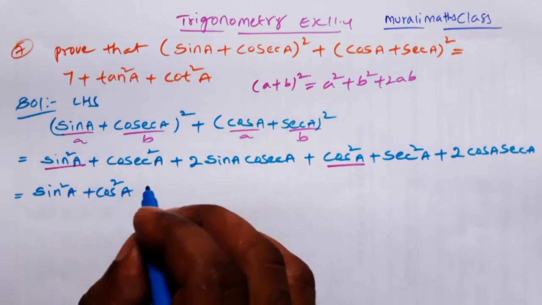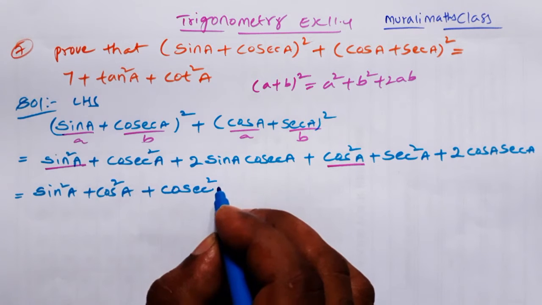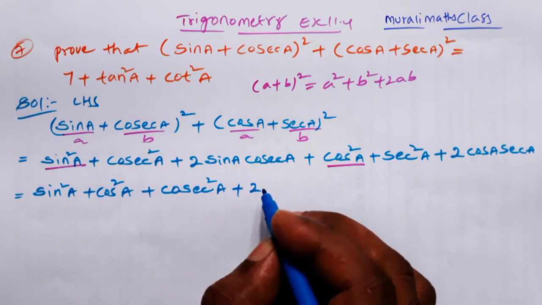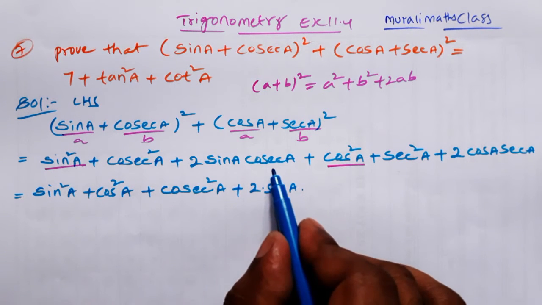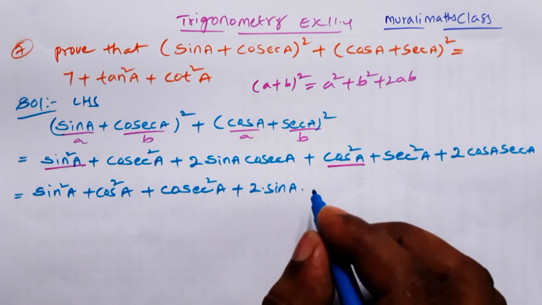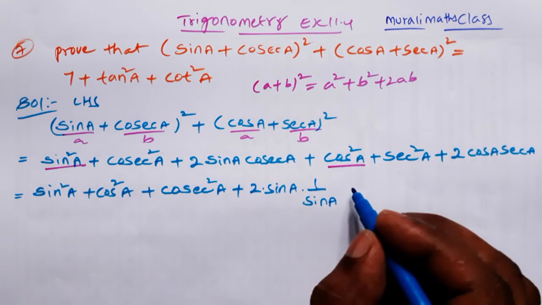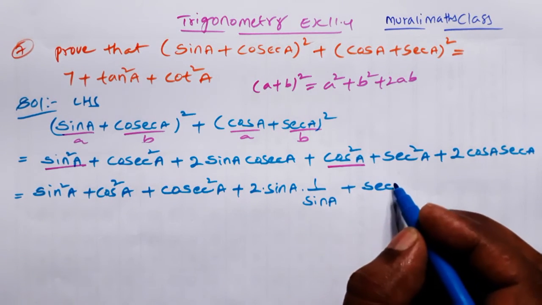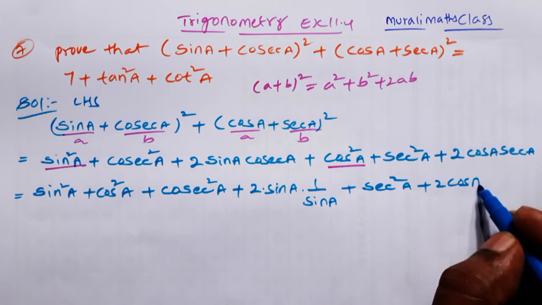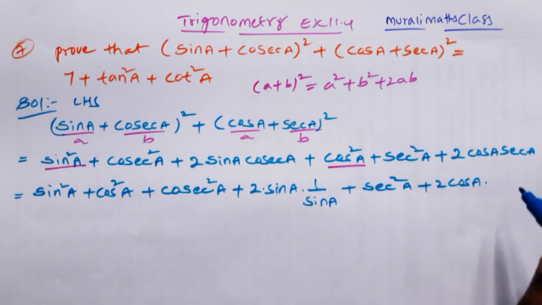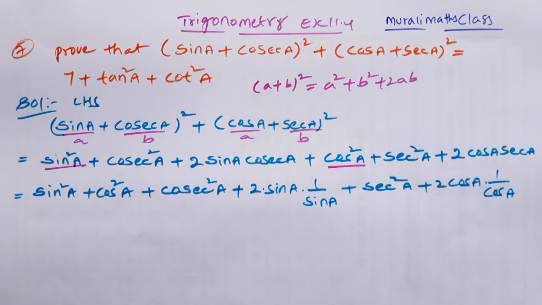Next what we will do? We write this cosecant square A as it is, plus 2 into sin A into cosecant A. Cosecant A means 1 by sin A. Cos square A I wrote here, the remaining as it is, secant square A you write, plus 2 into cos A into secant A. Secant A means 1 by cos A. Now we can cancel this.